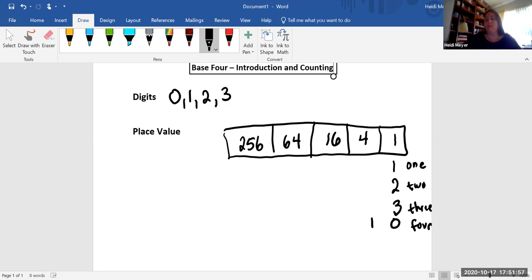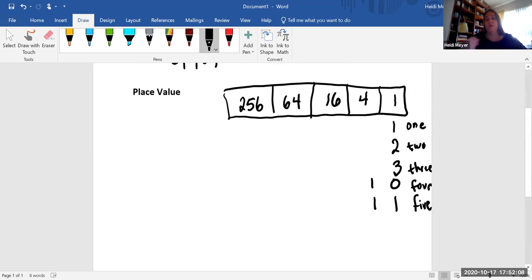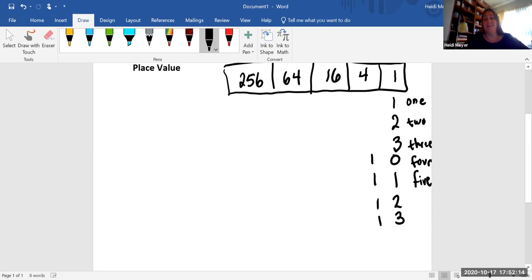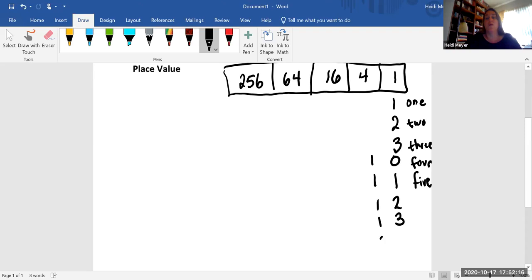And as we keep counting, the next thing looks like an 11, but it's not, it's a 5. Because it's one group of 4 with one more, 1, 1. We keep going. 1, 2, 1, 3, and it's not going to be 1, 4, it's going to be 2, 0.